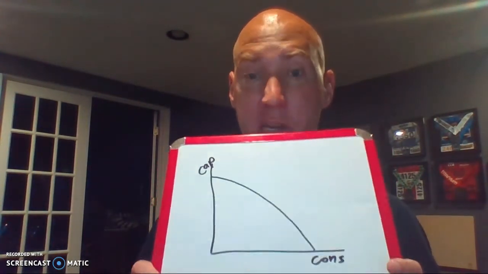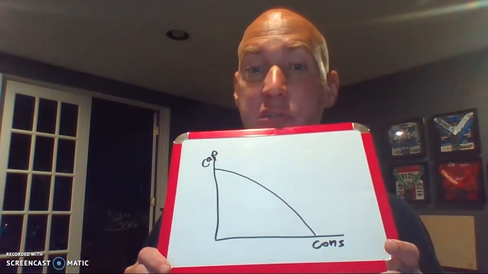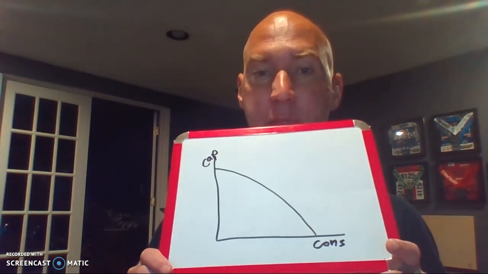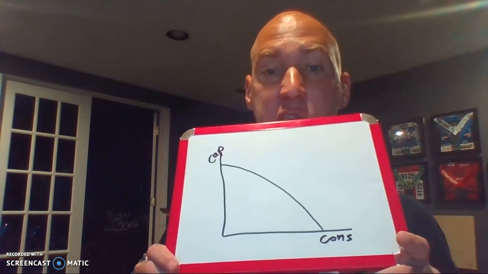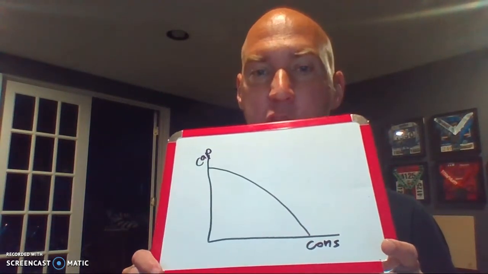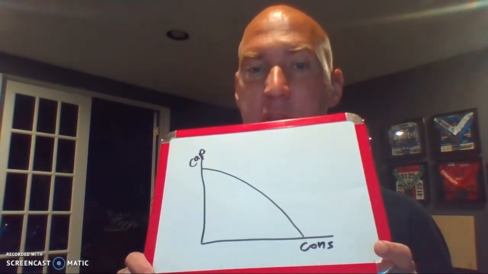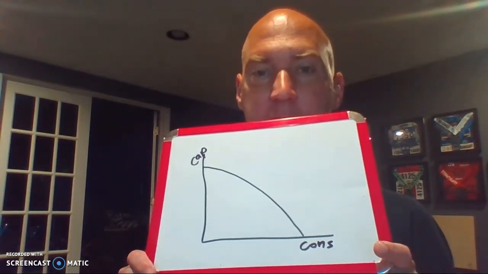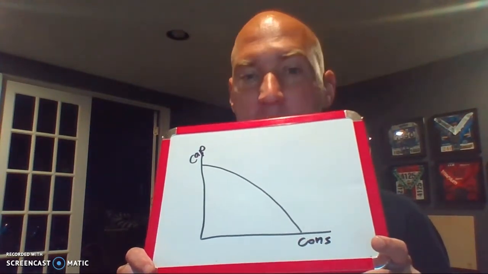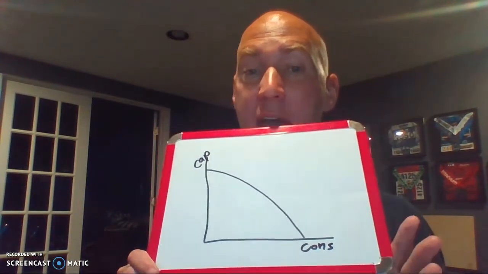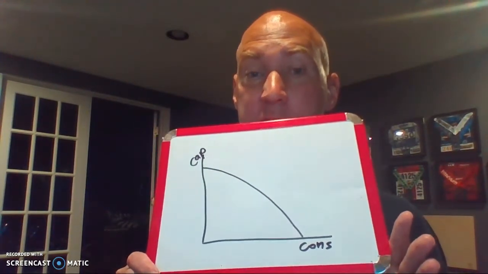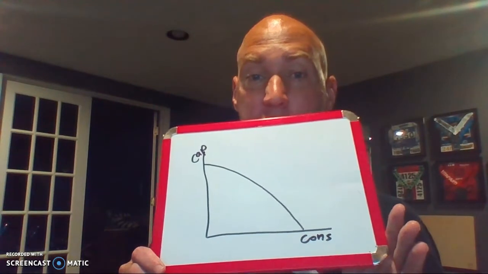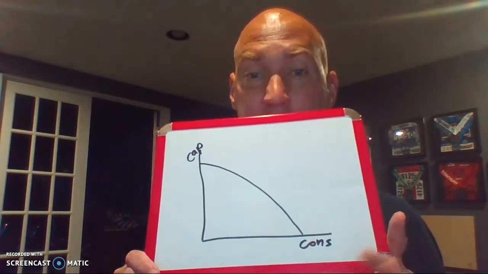There's always going to be frictional unemployment, people moving between jobs, and structural unemployment, where new technologies create new jobs while destroying others, or companies moving from country to country. Some jobs moving in, some jobs moving out. So when we have full employment, it doesn't mean 0%. It means there's always going to be a small number of frictional and structural.